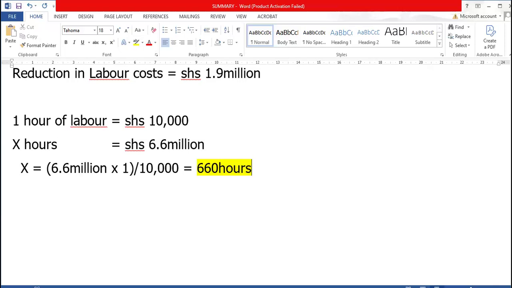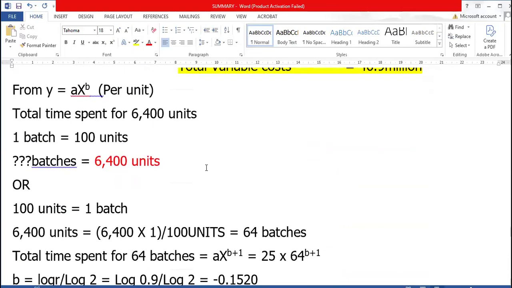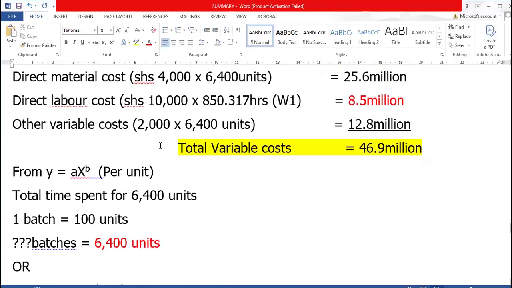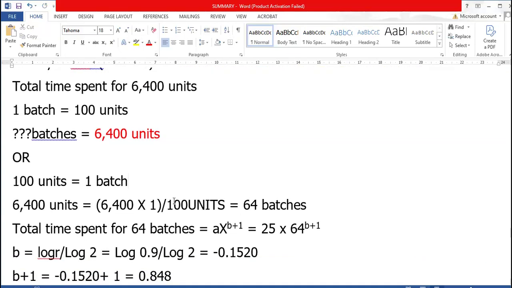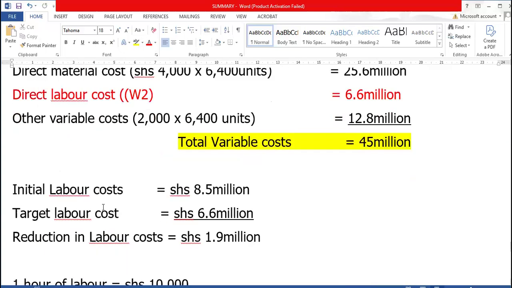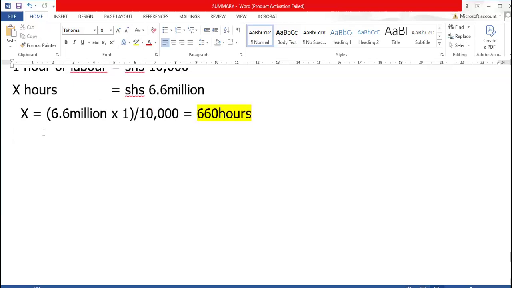We don't have this in our formula. Remember, you need to understand this formula very well.